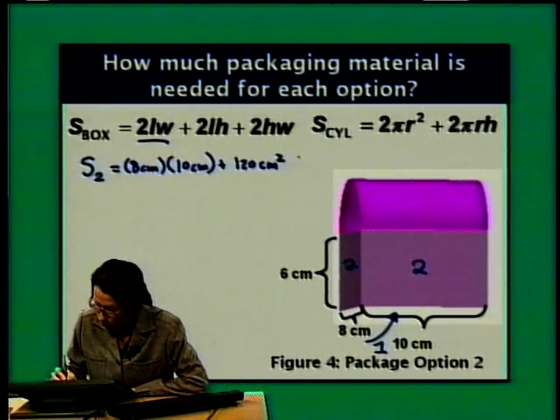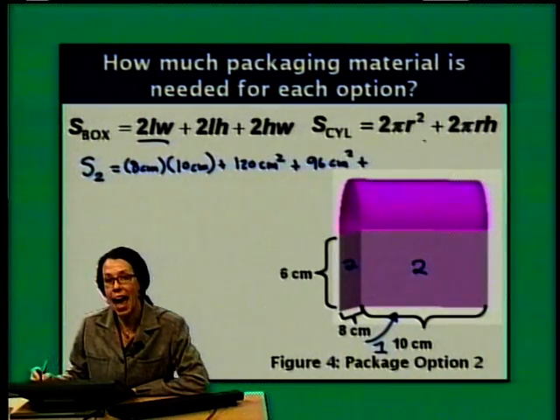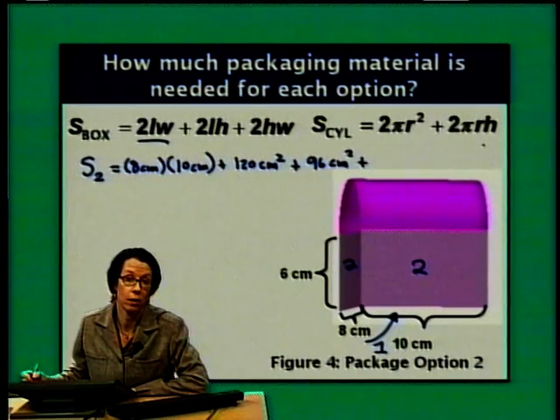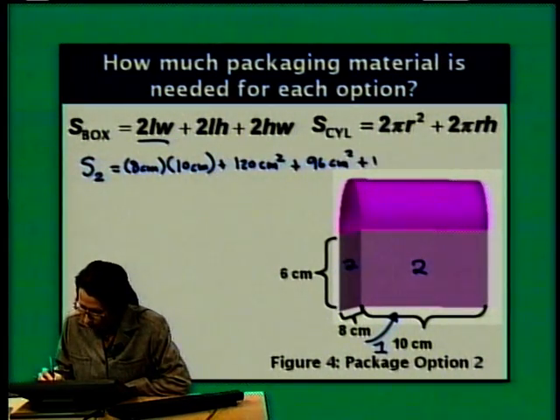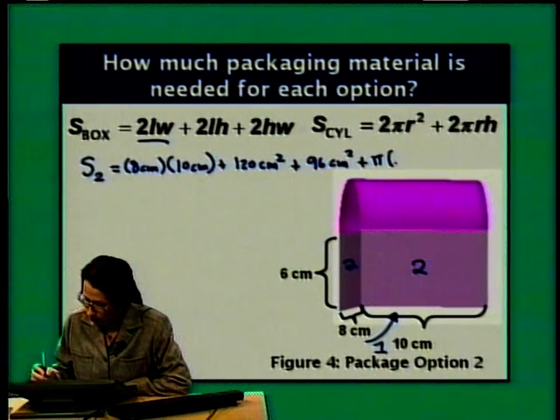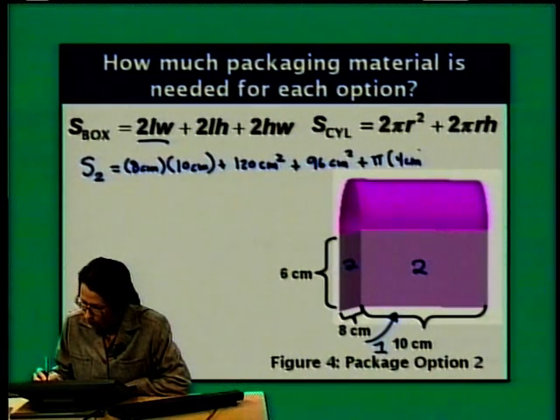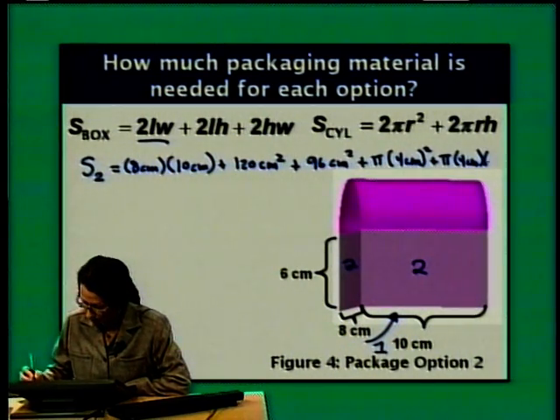I need 2 of those, so I'm just going to write 96 square centimeters. And when I take 1/2 of the formula for the surface area of a cylinder, I can just divide by 2, and I'm left with pi r squared plus pi r h. So I have pi, the radius of our cylinder is 4 centimeters squared, plus pi times 4 centimeters times the height, which is 8 centimeters.